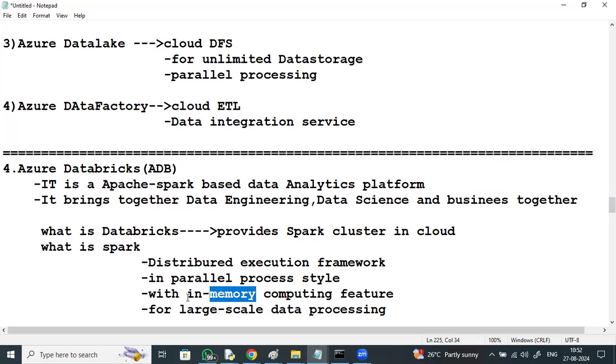That's why we say everything is in-memory computation. That's why Spark is said to be 100 times faster than any other normal processing systems, for huge data, large-scale data processing.